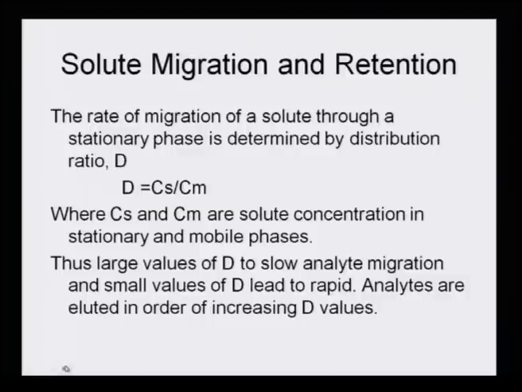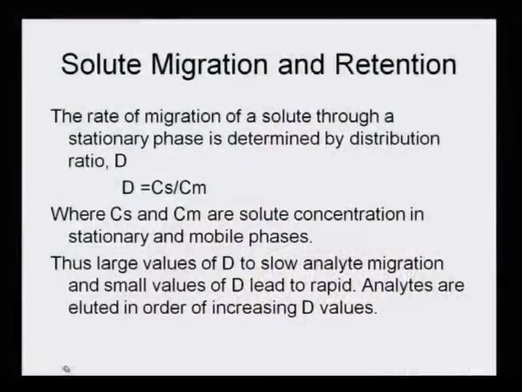So, one has to understand that an analyte, whether it remains with the stationary phase or comes along with the mobile phase, and its chemical reactivity towards these two phases will determine whether it will stay back or flow out. And that is what is determined by the distribution ratio D.